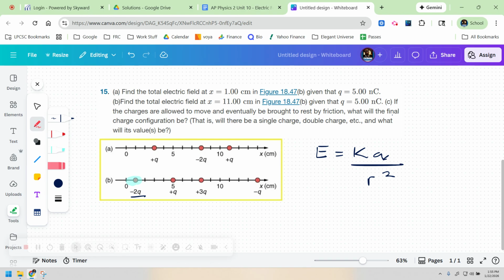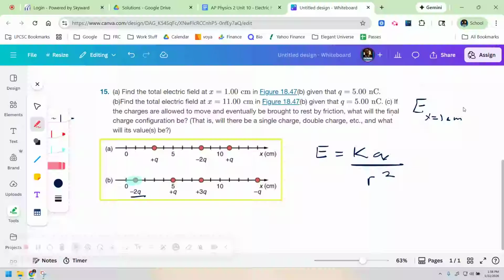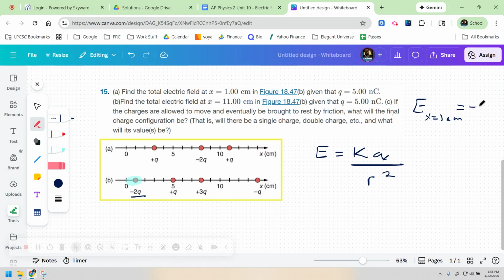And let me just zoom in a little bit. So one of the things they want you to remember is that the electric field at X equals 1 centimeter, because it's negative, will be approaching negative infinity. Okay?